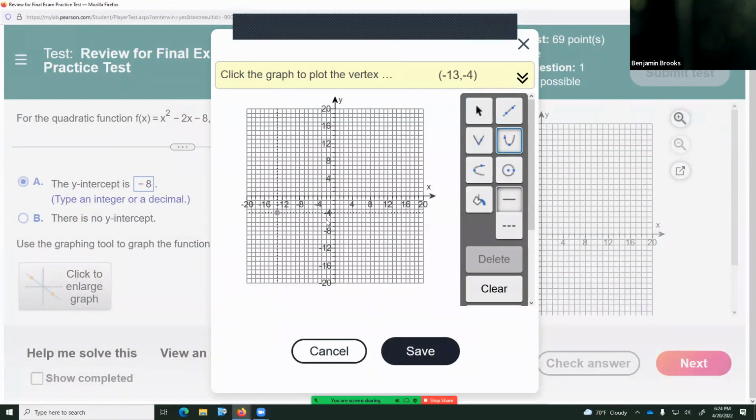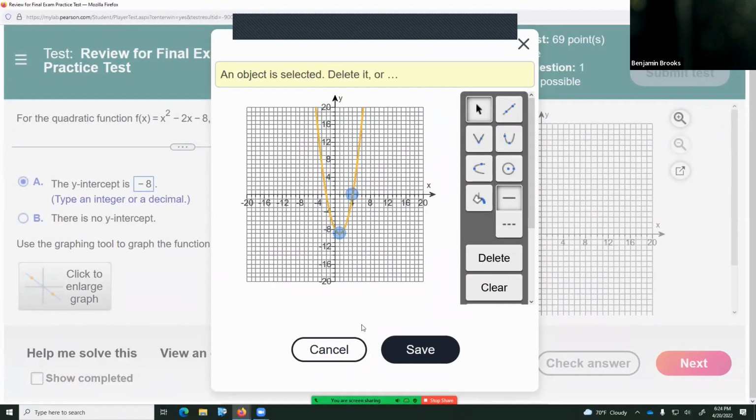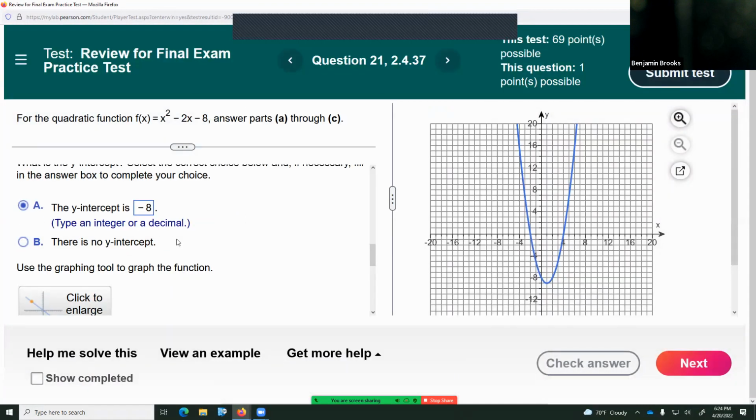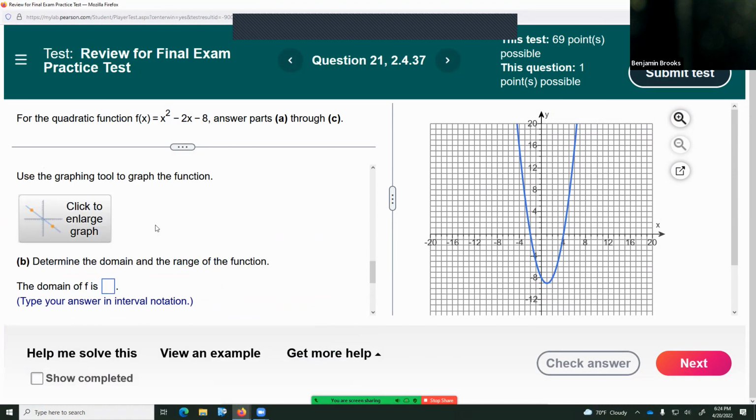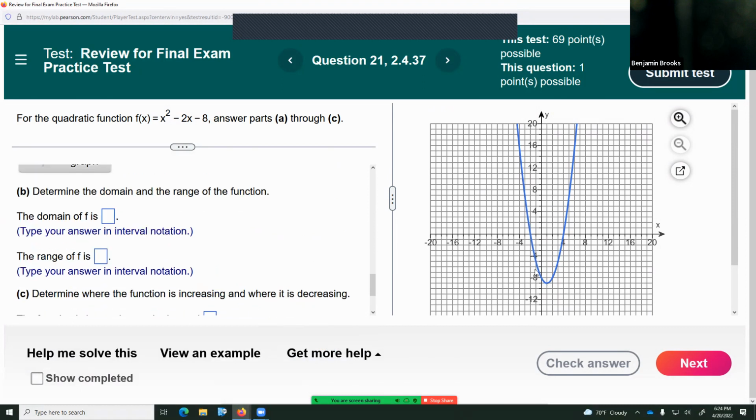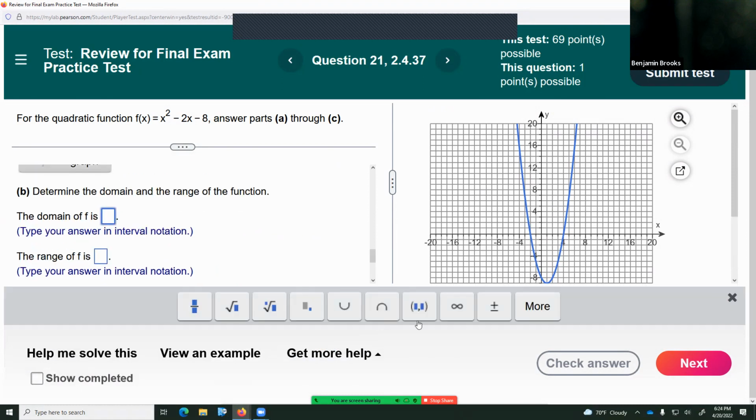So 1, -9. Okay, and -2 and 4, I think, were what we had. Yeah, -2 and 4. The domain is from -infinity to +infinity.